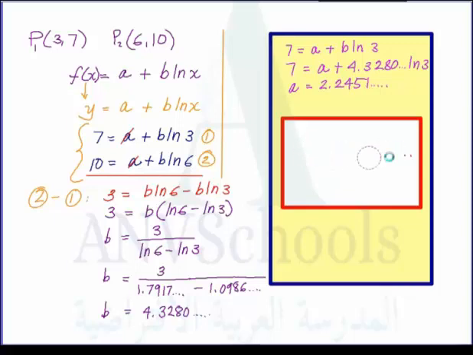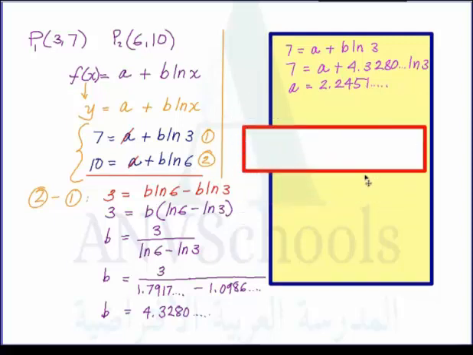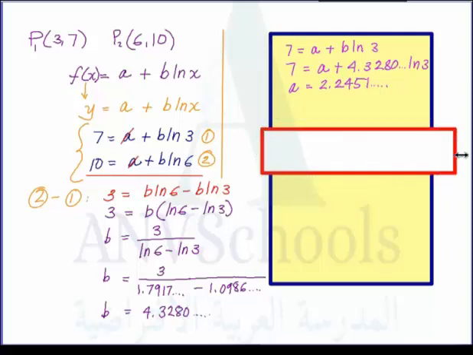Let me enlarge this box here. So my f of x now is equal to 2.2451 plus 4.3280 ln of x. So this is my logarithmic function.